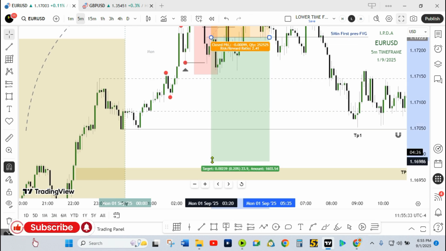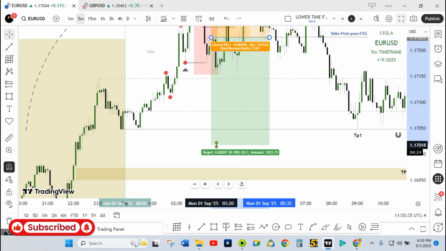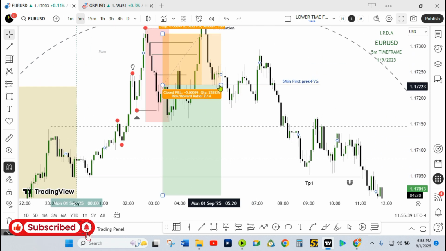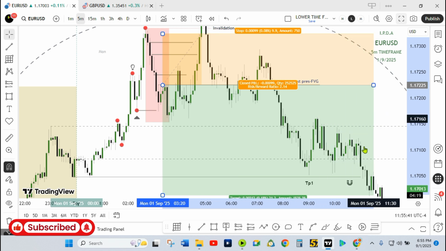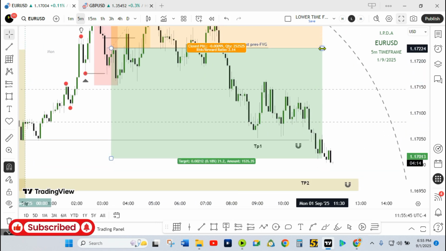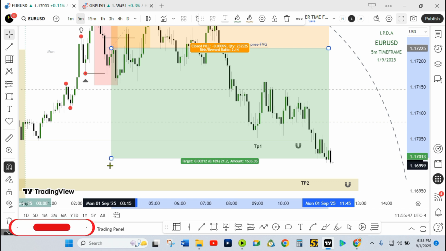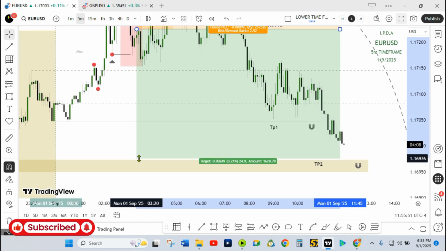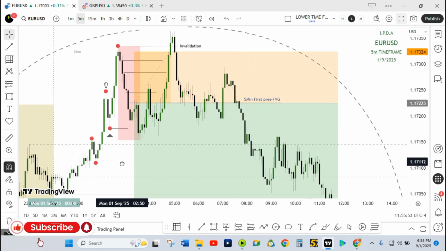I used to trade 2R maximum. I'm not weird, man. 2 risk to reward is enough for me. So I was targeting 2R below this low. But if you are angry enough, you can wait for this gap here as take profit.